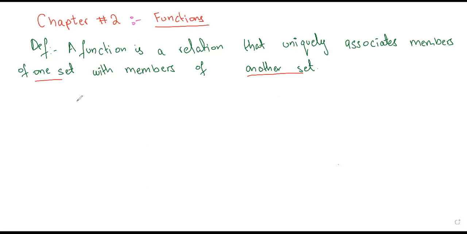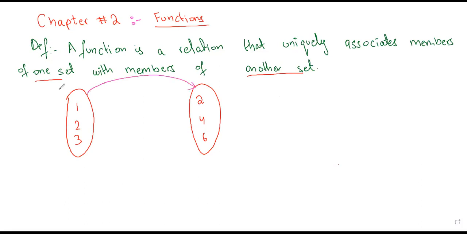So for example, if I say that this is a set of 1, 2, and 3, and then I have another set, let's say 2, 4, and 6, and since a function is a relation that uniquely associates a member of one set with a member of another set, let's say this is set A and this is set B and this is my function.